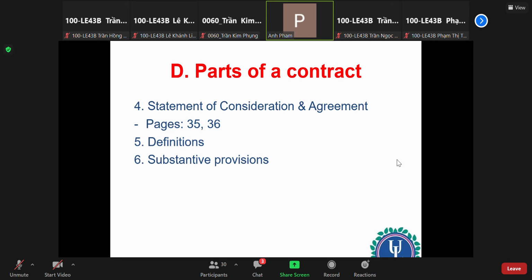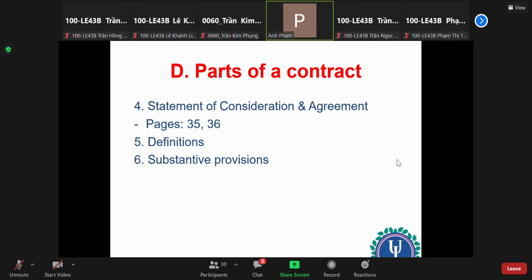Now, the next section of a contract is definitions. You have a lesson about how to draft a definition, so I will not go into detail.